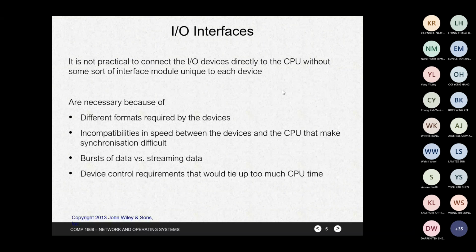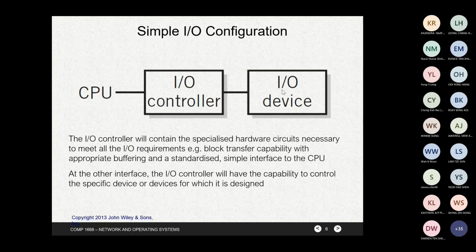Only when all these components, I/O, CPU, memory, are connected, we consider that as one system. So that is a simple I/O configuration. I think all of you understand this, so I don't have to go into much detail.